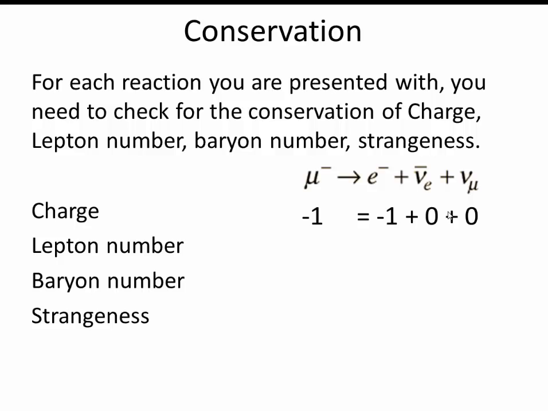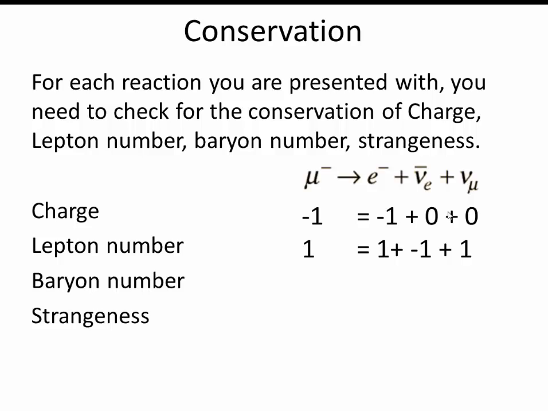Lepton number. Well, the mu minus is a lepton. The electron is a lepton. The antineutrino is an anti-electron type, and the last one is a mu neutrino, which has a lepton number of 1. So we have 1 is equal to 1 plus -1 plus 1, and that works because 1 is equal to 1.